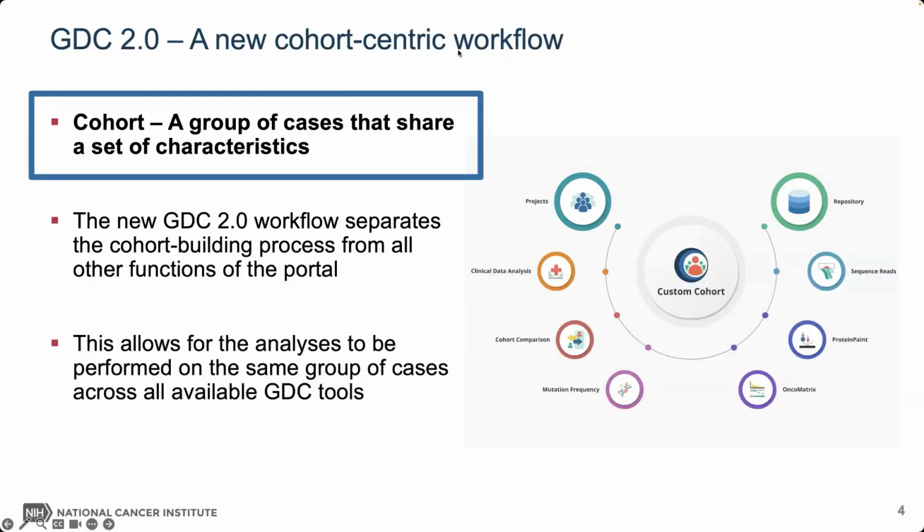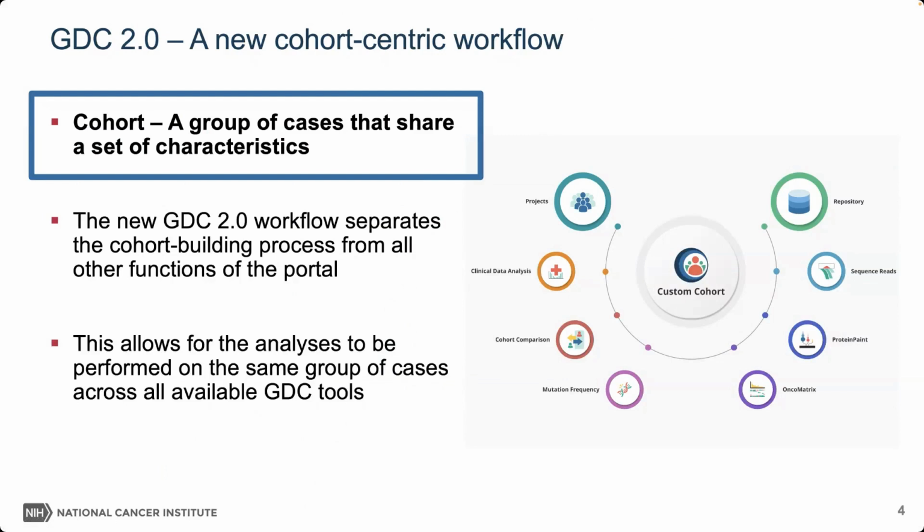So you've heard in the title of this and all of the different headers in this presentation the name cohort. So here I like to define what a cohort is, and it's a group of cases, usually referring to patients when it comes to the GDC, that share a set of characteristics.